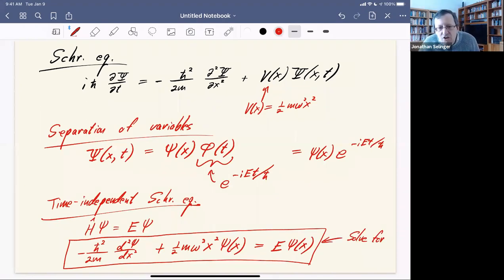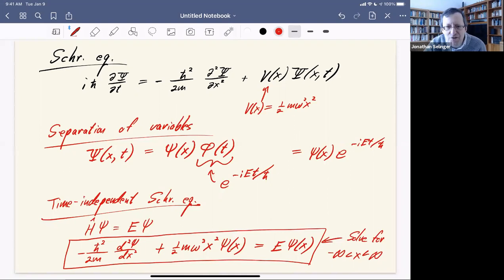The particle could go anywhere, right? The spring could be stretched anywhere in this direction or anywhere in that direction. Okay? So we want to solve it for x from minus infinity up to infinity. Okay, so that's our goal here. That's our goal for the week, to solve this differential equation and use that to figure out stuff about the quantum mechanical harmonic oscillator.